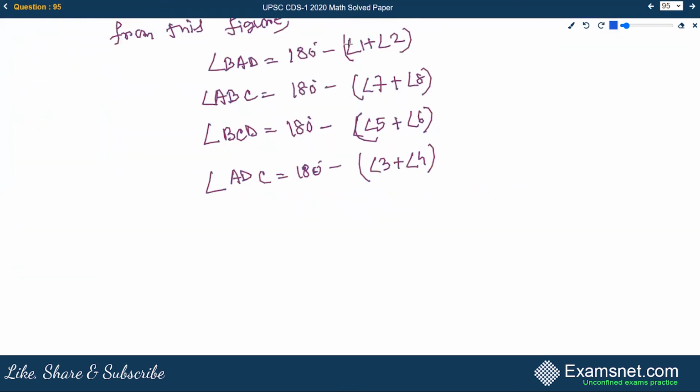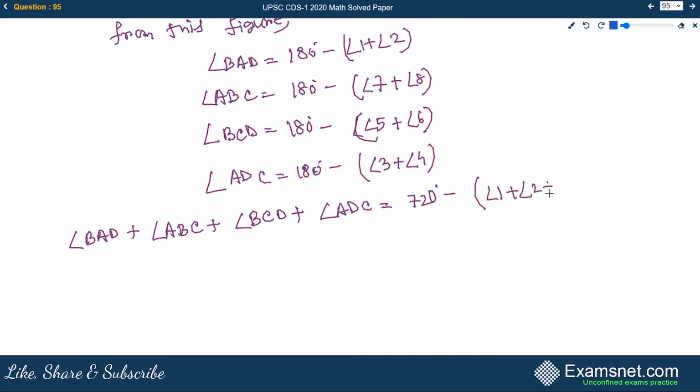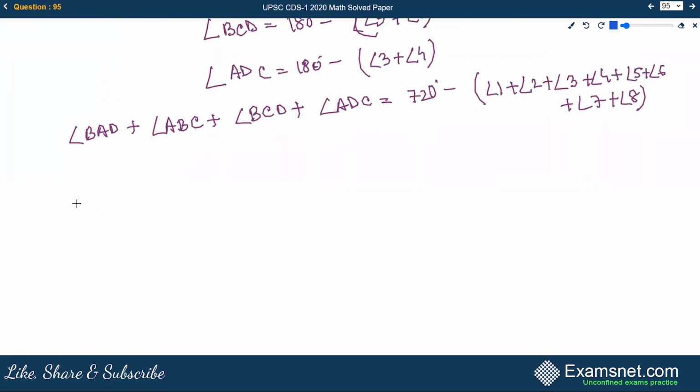Now adding all these angles, we will get angle BAD plus angle ABC plus BCD plus angle ADC, that is 720 degree minus, after taking common, minus angle 1, angle 2, angle 3, angle 4, 5, 6, 7 and 8.